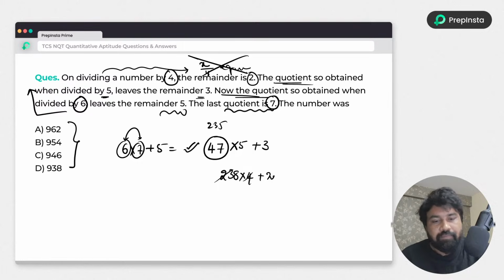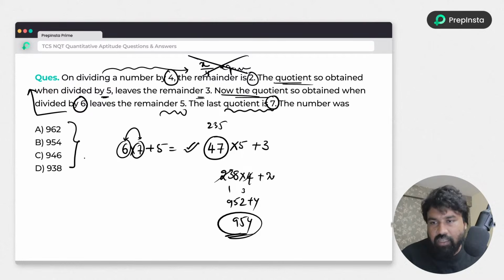Sorry, it's my bad. So 4 times 238 is 952, plus 2 is 954. So 954 is the answer. So option B is correct.